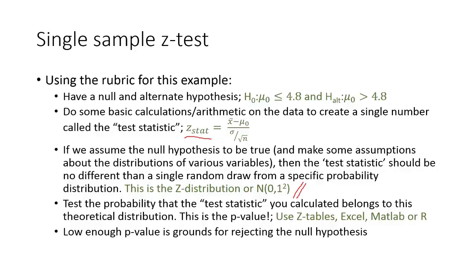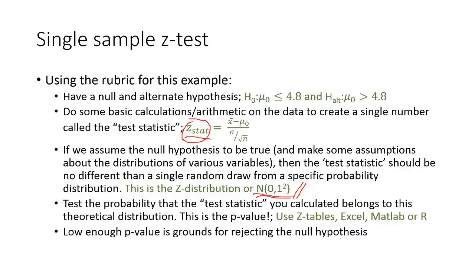What we're going to do now is test the probability of this statistic that you got. If your null hypothesis was true, I should have gotten a random number from here. But let's look at the actual number that I got. Does my z-stat actually look like it could be something that I could have pulled out of a normal 0, 1 squared?